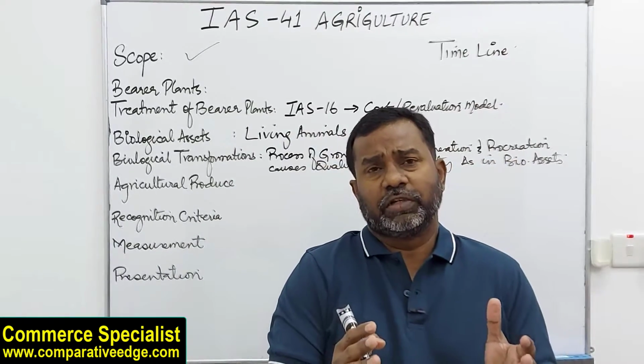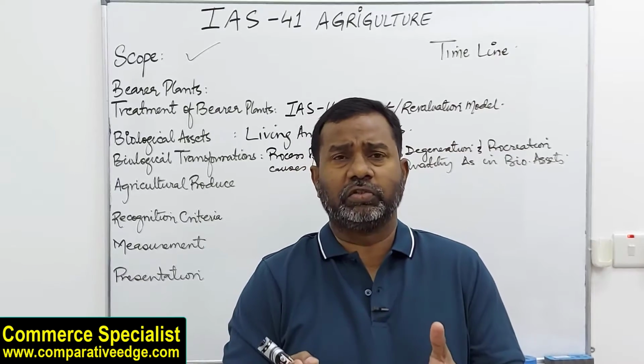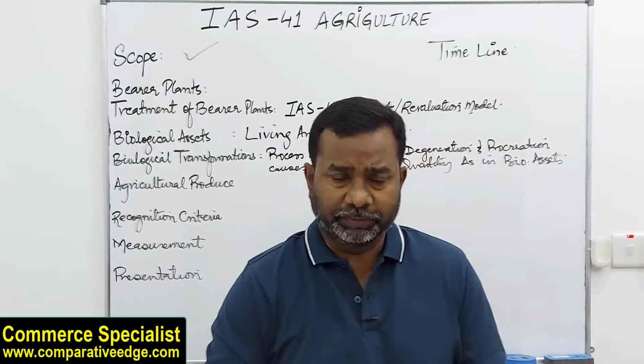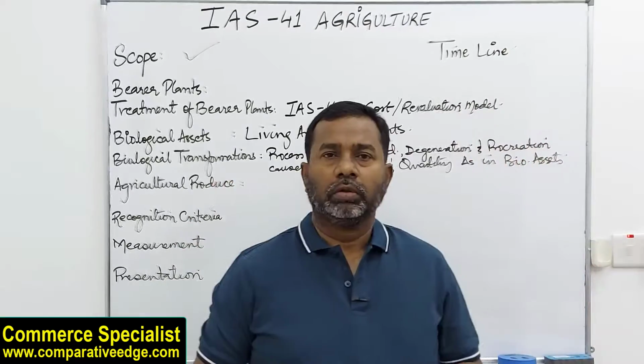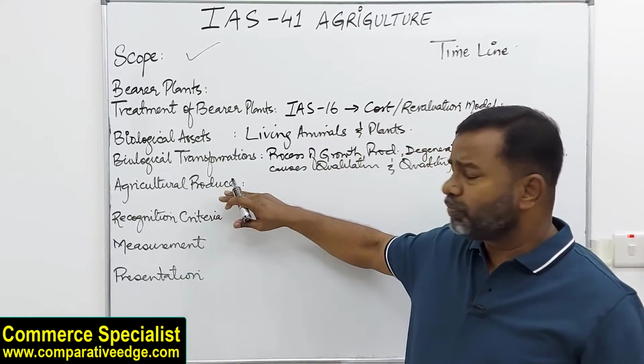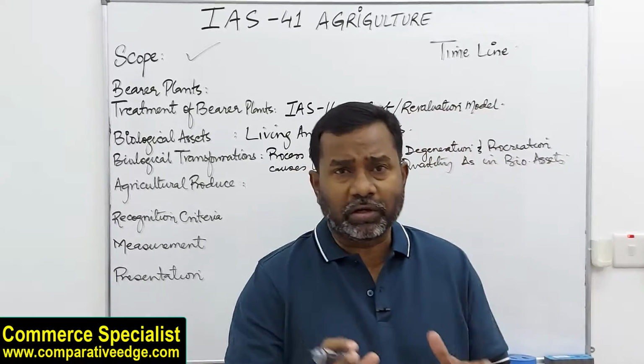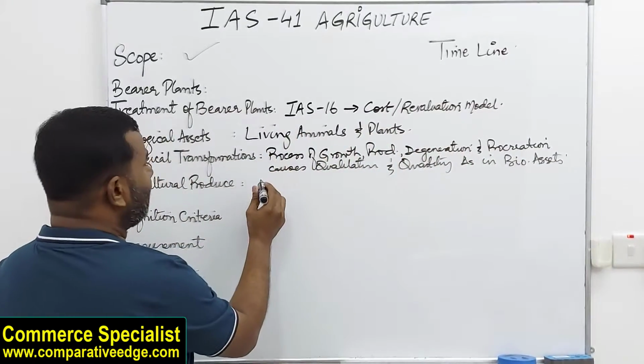And finally, the key term is agricultural produce. Agricultural produce is the harvested product of an entity's biological assets.